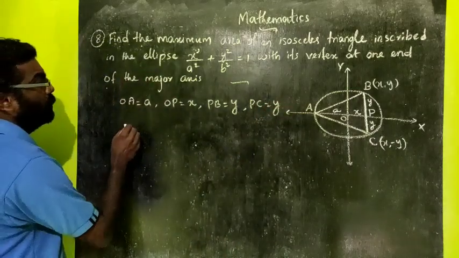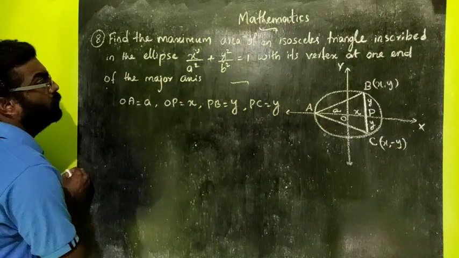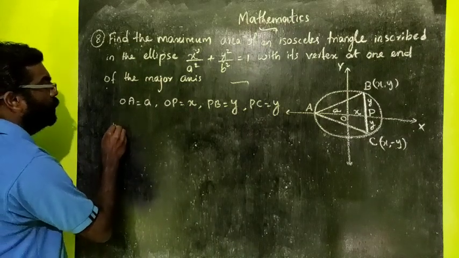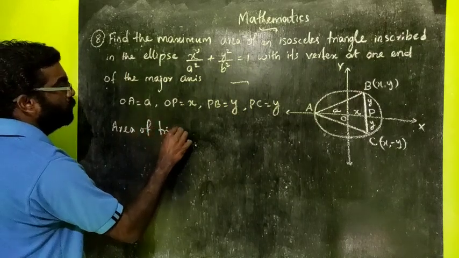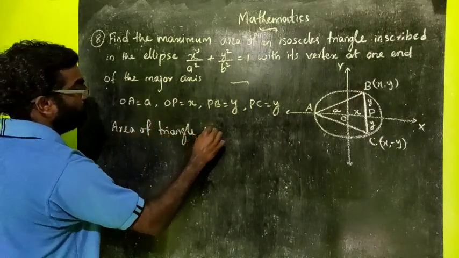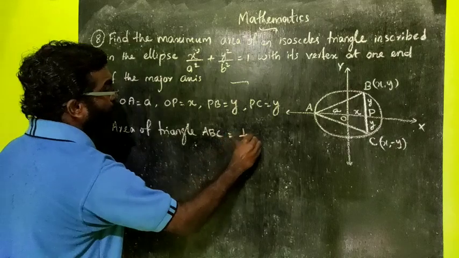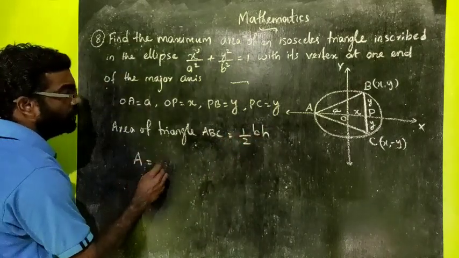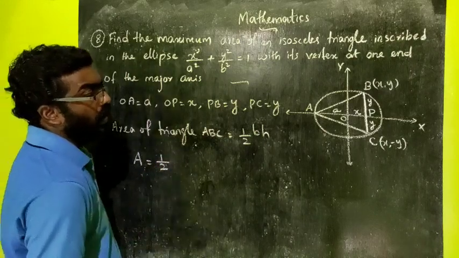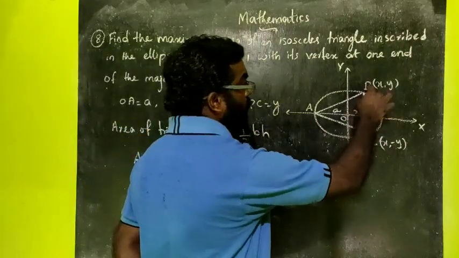Now we can write the area of triangle ABC. So area of triangle ABC equal to half into BH. Okay, here we can write area A is equal to half into base. We can take the base as BC.